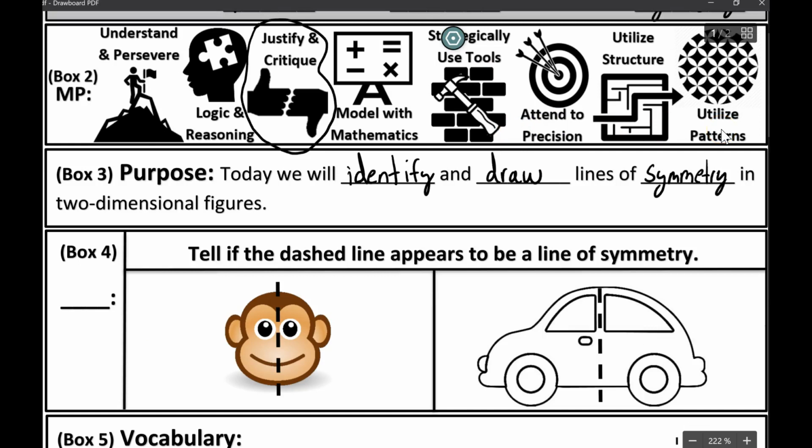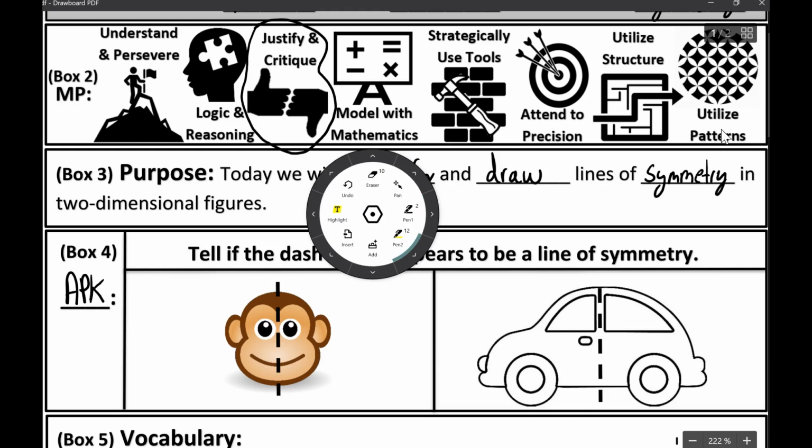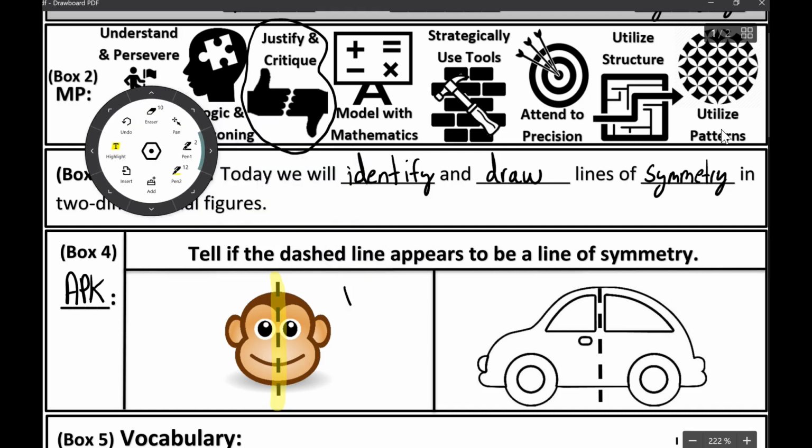Going into box 4, this is our APK, activating that prior knowledge from the previous lesson, okay? So the instructions for our box 4 read as, tell if the dashed line appears to be a line of symmetry. Alrighty, so if I'm looking at my first shape, and I'm kind of following it down this line, we can see it's a monkey, or the face of a monkey, I should say, and there's a line that's splitting it vertically, okay? So, yes, for our first one, this is definitely yes, okay?